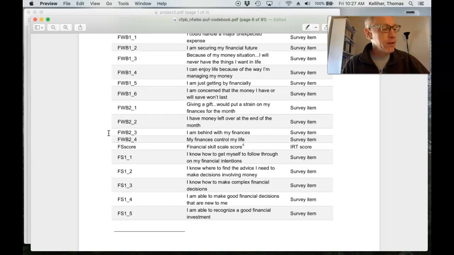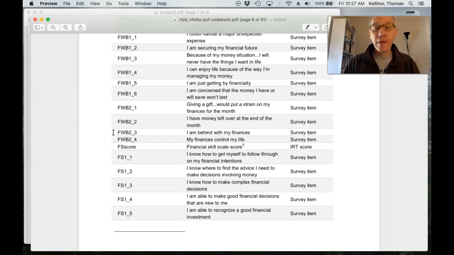If you're interested in this, write this down: FWB2_3. And keep in mind, we've learned this the hard way with Python: capitalization matters. With all of these, when you work with them in your programs, you have to use the exact capitalization that you see.